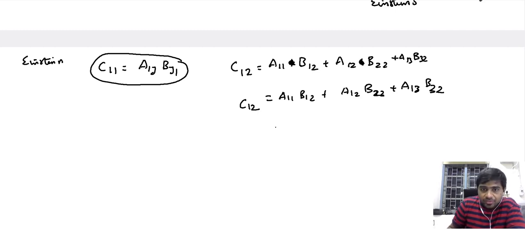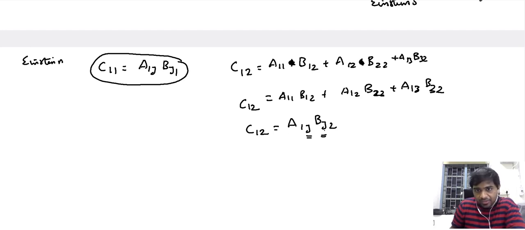Now in the same way, like how we have written the first element of the top row, C12 can also be written as A1j and Bj2. So we have introduced one dummy index, and we have introduced Einstein's summation convention, and we are able to represent the second element in this manner, wherein you have 1 and you have 2.